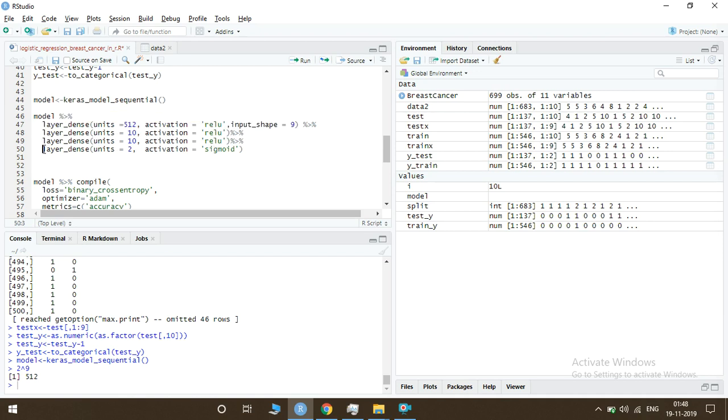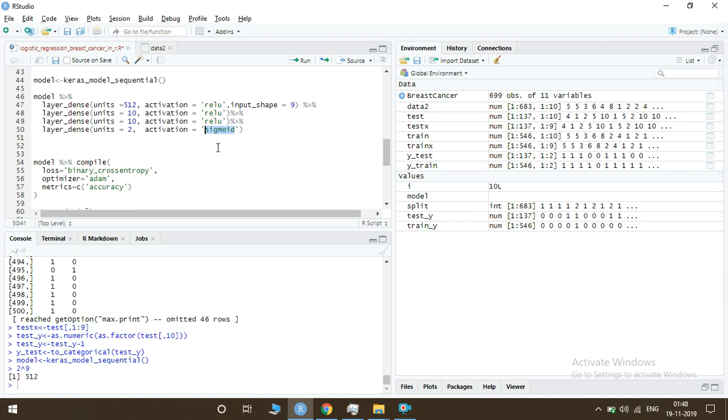Next is the output layer. The output layer has two units, because it's either a benign cancer or a malignant cancer. The function we are using is the sigmoid function, since we are dealing with categorical classification.